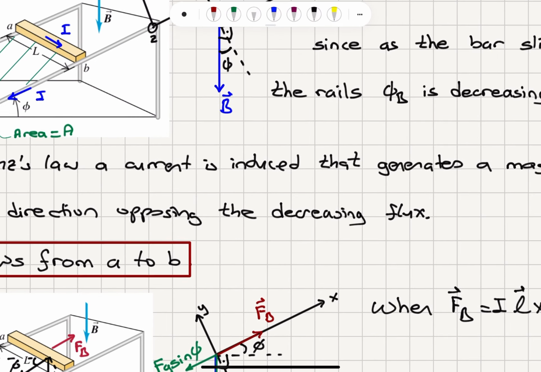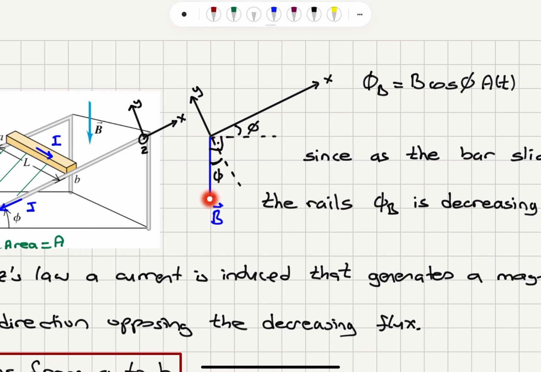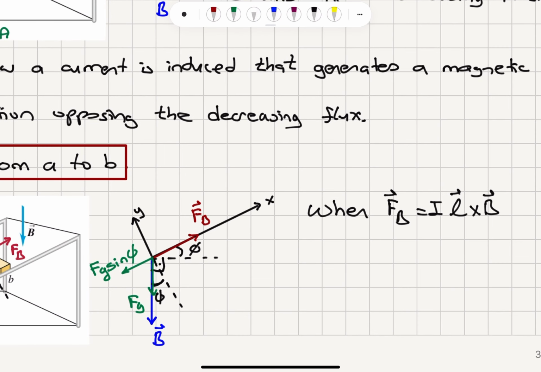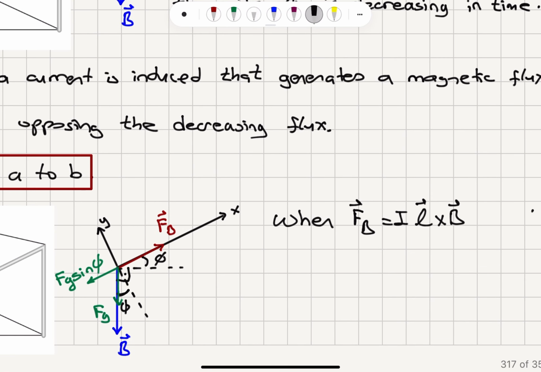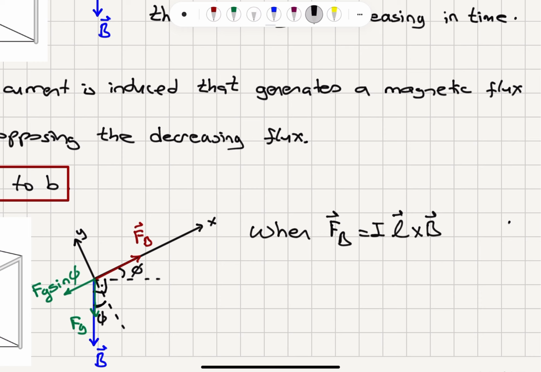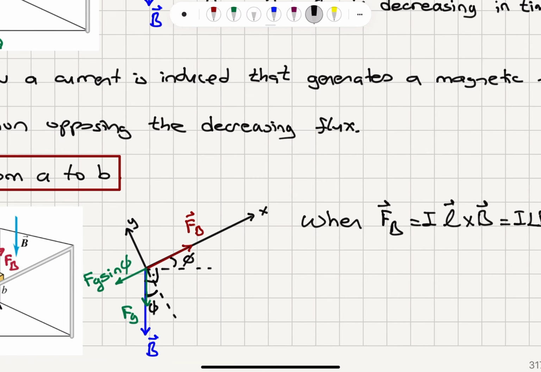The magnetic field vector makes an angle phi with respect to minus j hat, and with respect to minus i hat, it makes an angle 90 minus phi. So L cross B will be equal to I capital L B sine of the angle between them.